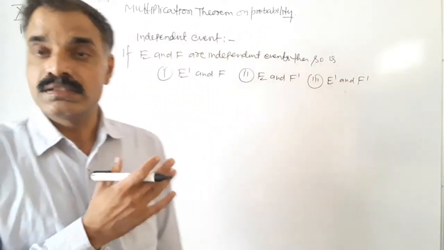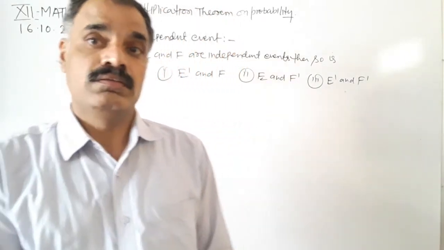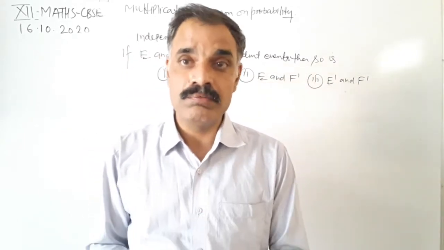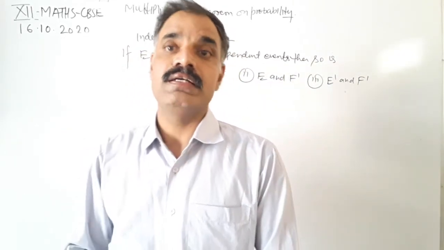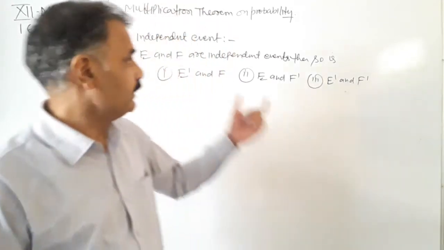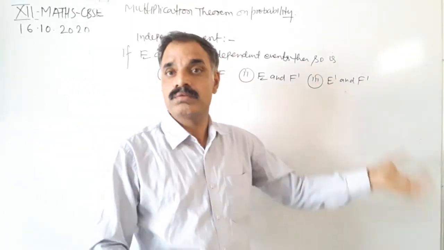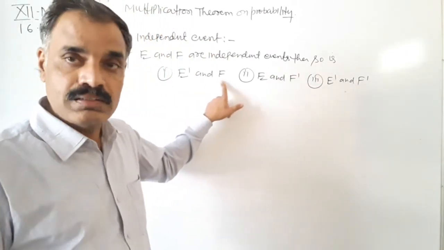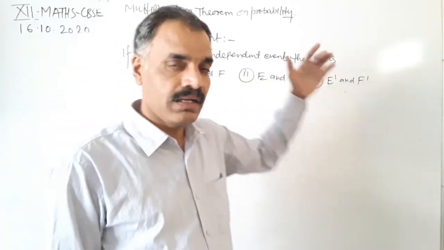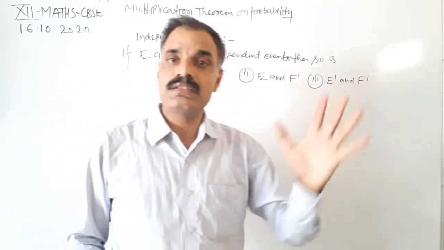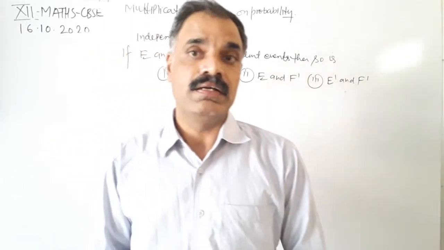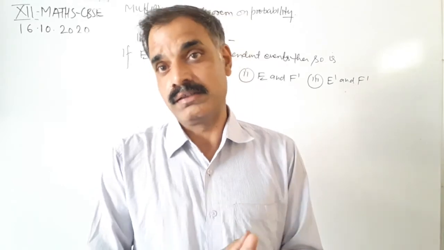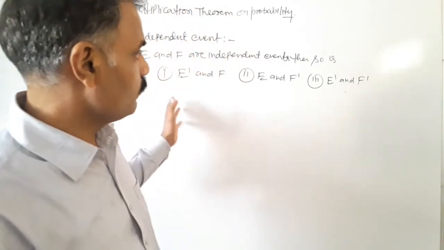Let us understand the meaning of this statement. It says that if events E and F are independent events, then these pairs of events are also independent. Means E dash and F will also be independent, E and F dash will also be independent, and E dash and F dash will also be independent events. This is the property for independence of two events. We will show these.